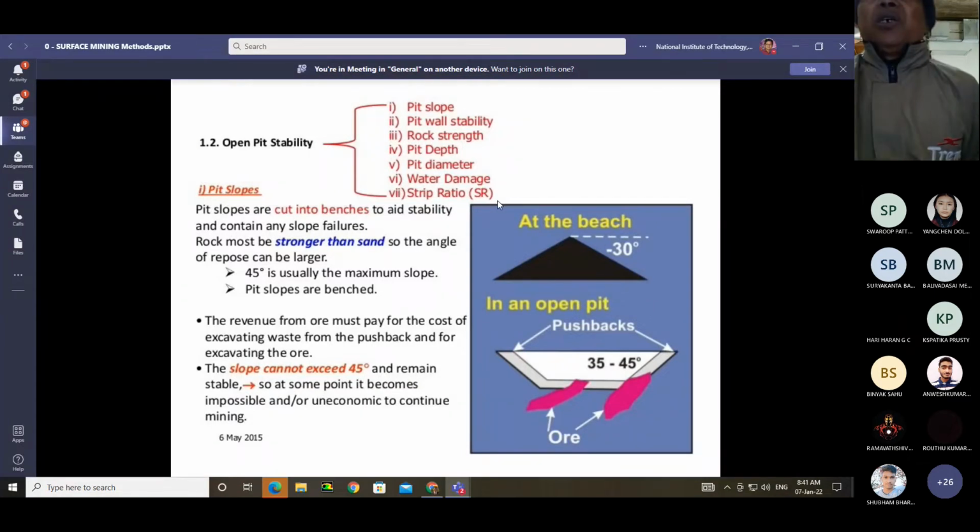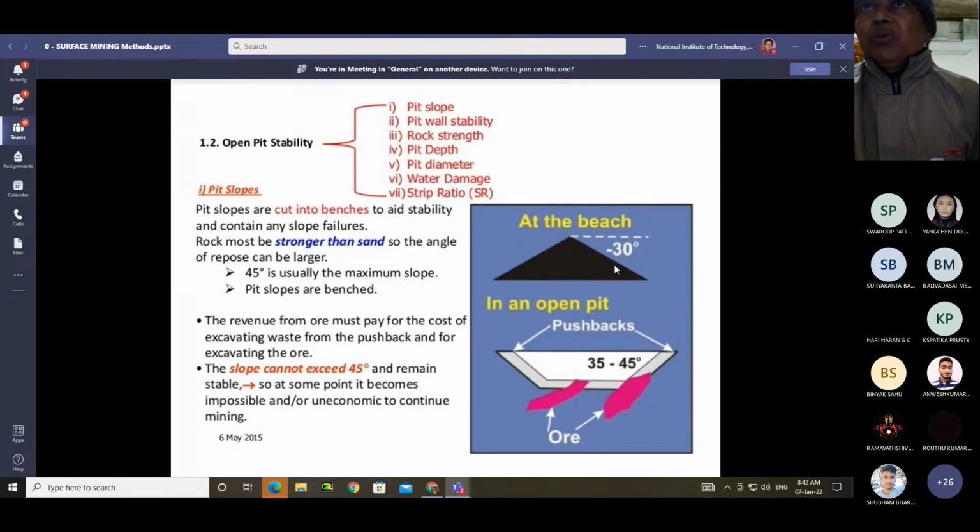So here on the right side, you can see this black triangle. The black triangle is a heap of material, for example, sand. This angle of 30° is called the angle of repose of the material.